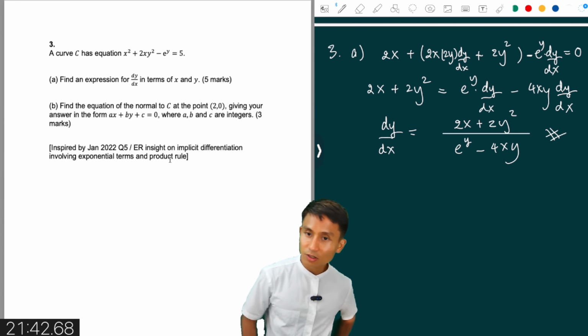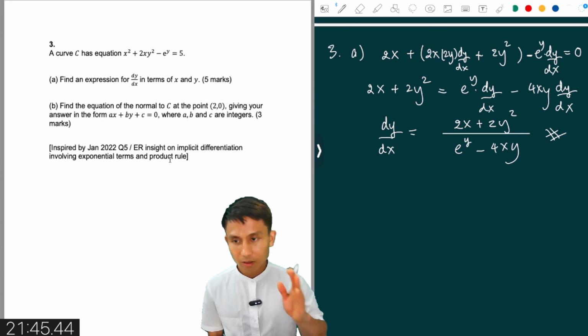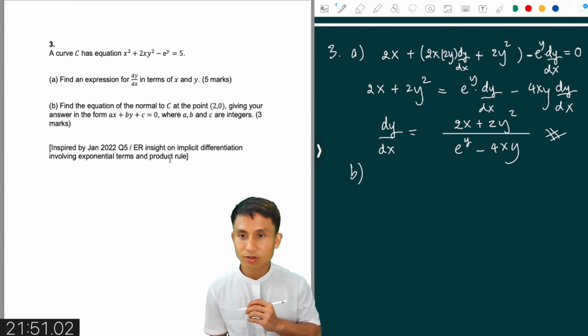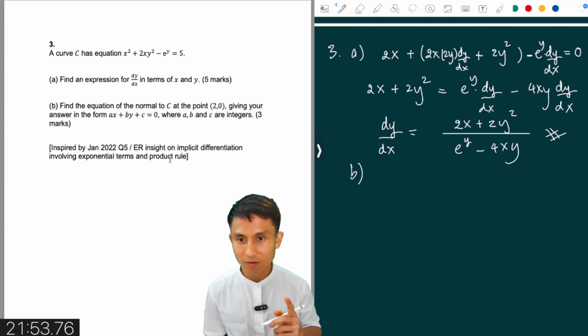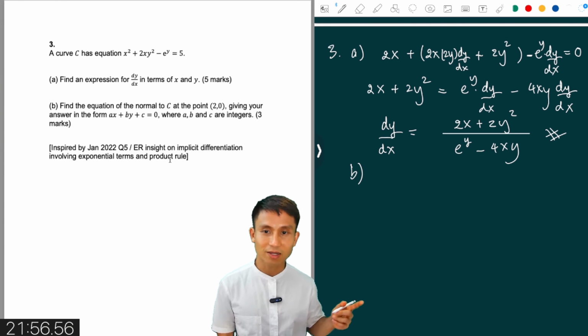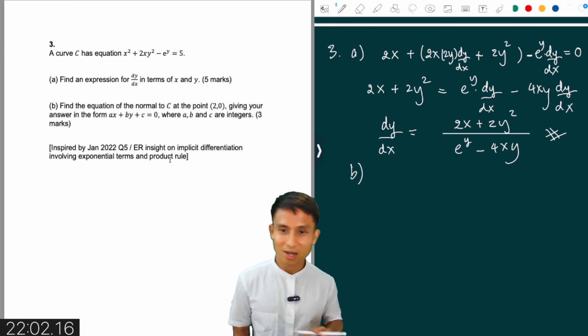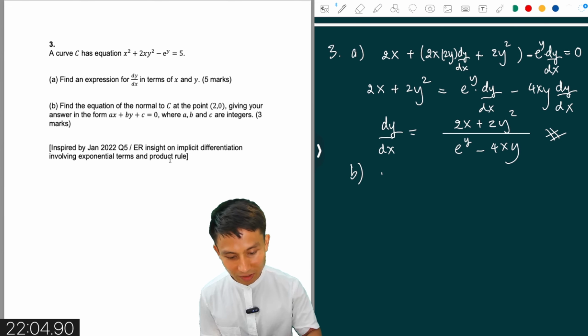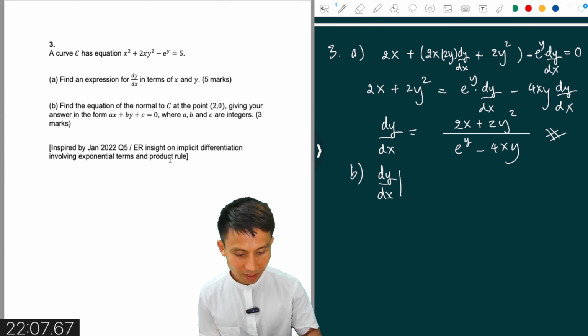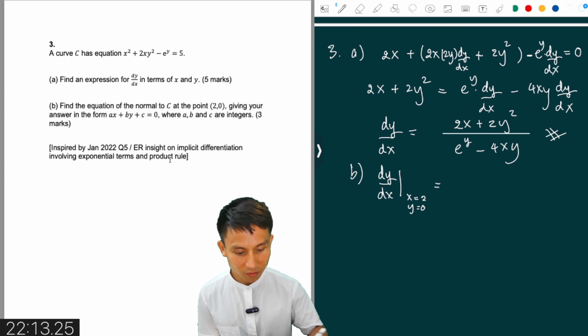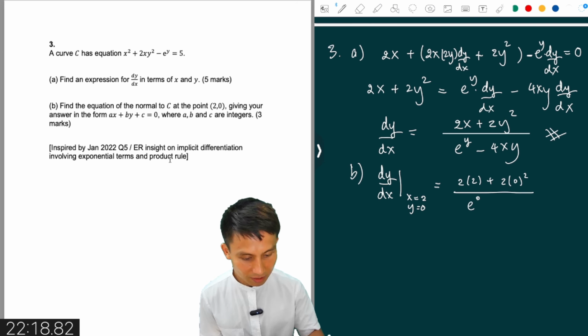All right. Now you need to do B, which is to find the equation of the normal at point (2, 0). This is classic. It asks you to do implicit differentiation and do something with it. Now we're going to use it to find the gradient. The gradient of the tangent first, which is dy by dx, at x equals 2 and y equals 0, would be 2 times 2 plus 2 times 0 squared, divided by e to the 0 minus 4 times 2 times 0.